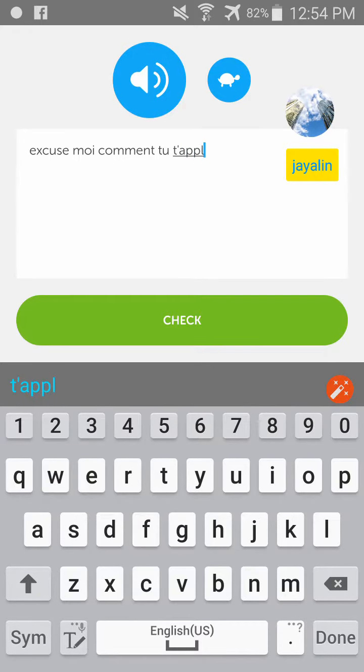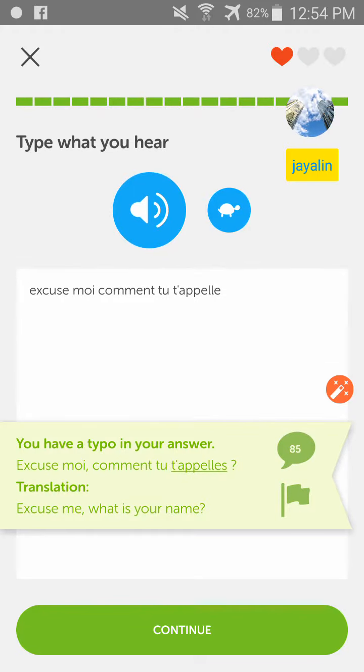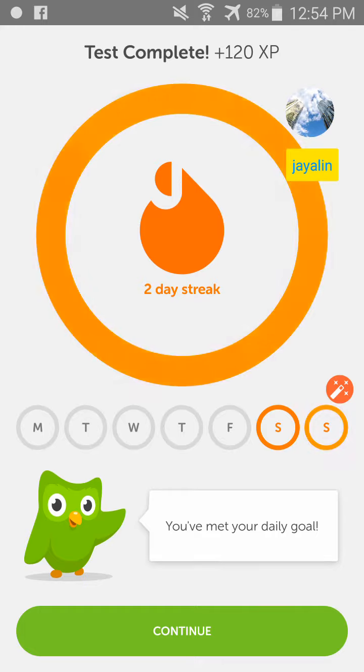Now, from last time I remember, there's gonna be two P's and two L's. Excuse me, what is your name? Uh-oh, look at that. There's an S at the end because it's tu. Oh yeah, that's right. Don't forget that S when there is a tu. Informal version of you. The formal version would be the vous.